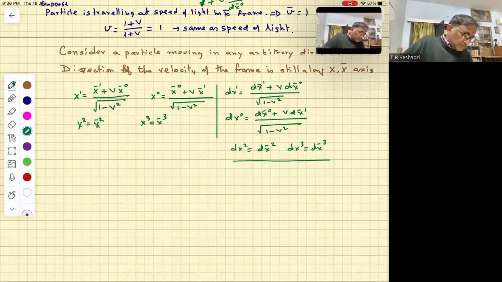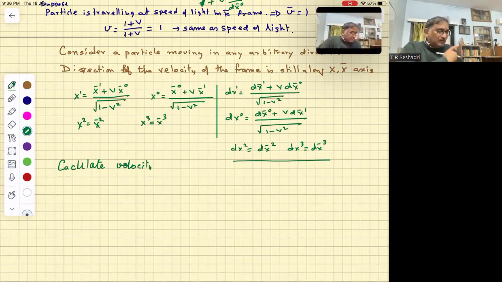However, now I want to calculate velocity in the situation where it is not parallel to the x-axis. Although dx2 and dx3 are the same, in velocity I will divide by dx0, and that dx0 transforms. That is why the velocity will transform.